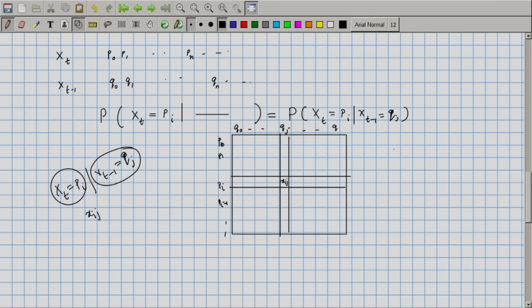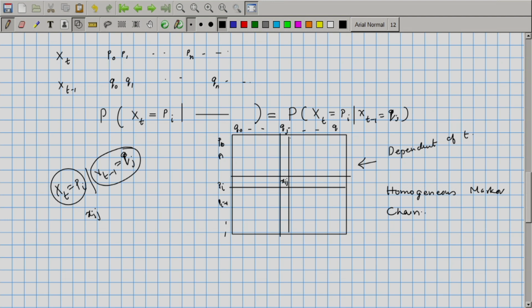Okay. So, now this matrix a priori could be dependent on t. If it is not dependent on t, then those kind of stochastic processes we will call a homogeneous Markov chain. Okay.